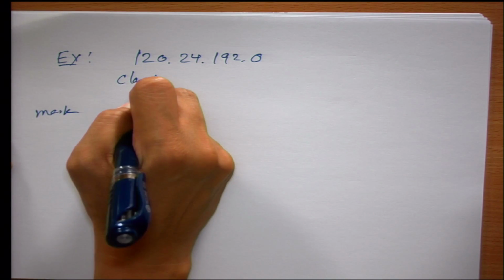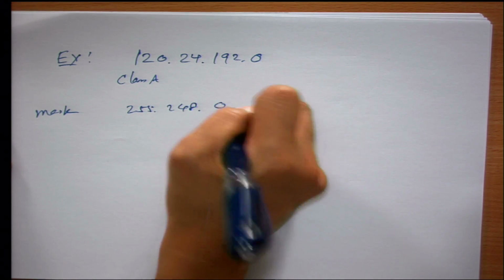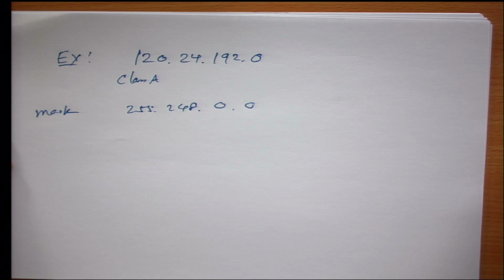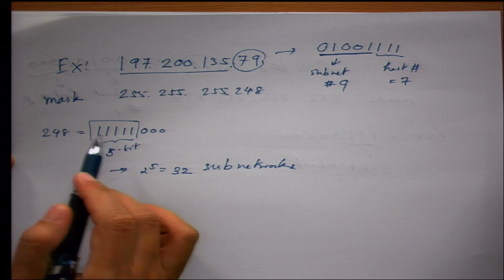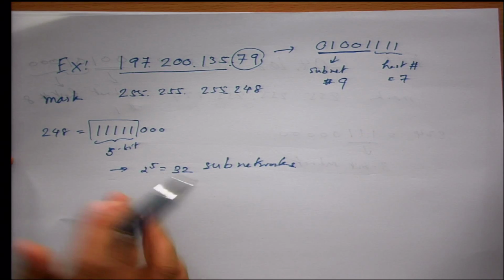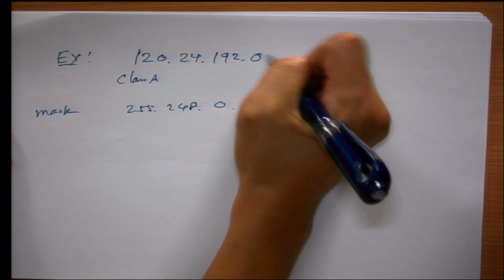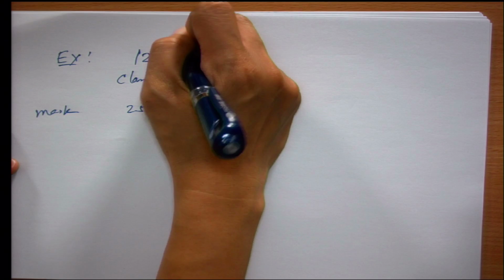The mask is 255.248.0.0. 248, we have done it before. 248 is a 5-bit mask, sorry, a 5-bit subnet. So what is this? Class A means that these are all the hosts.